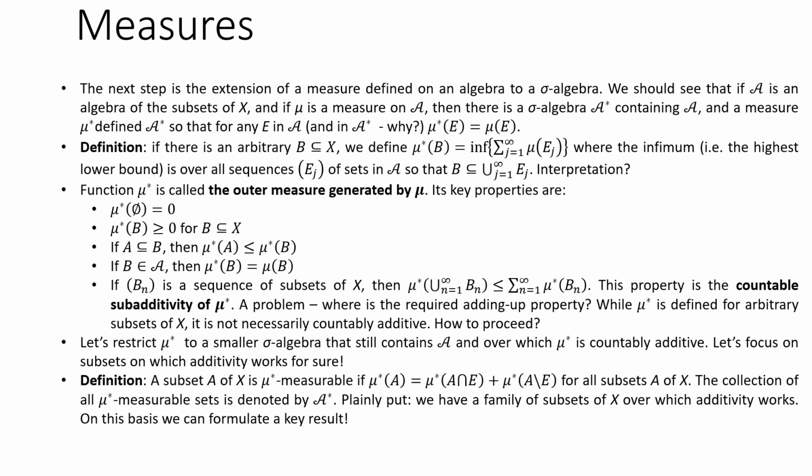The first four features are what we expect from a proper measure, but the fifth feature is problematic, because the countable additivity doesn't hold for this outer measure. It may hold, but it doesn't necessarily hold.